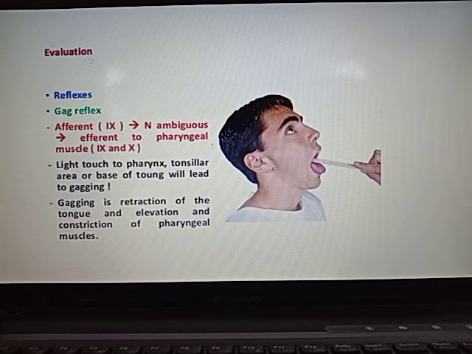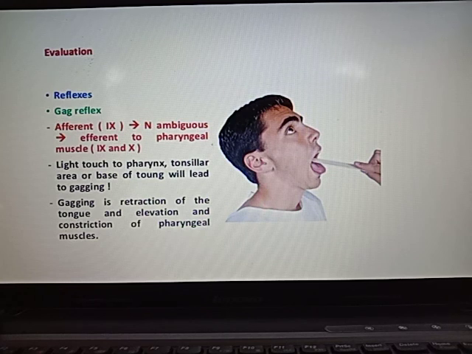And one reflex is known as the gag reflex. If you touch the posterior pharynx or the tonsillar area or the tongue, there may be gagging, and this gag reflex is started by the glossopharyngeal nerve. The afferent fiber goes to the nucleus ambiguus, and from the nucleus ambiguus the efferent goes to the pharyngeal muscle by the glossopharyngeal and the vagus nerve.